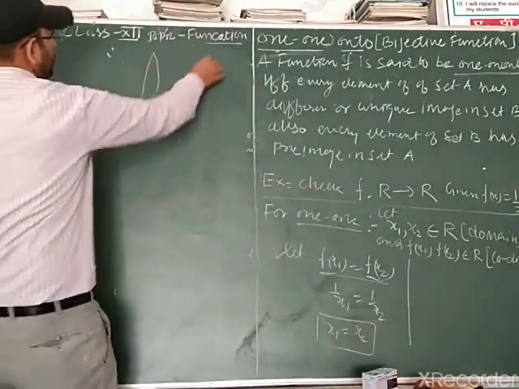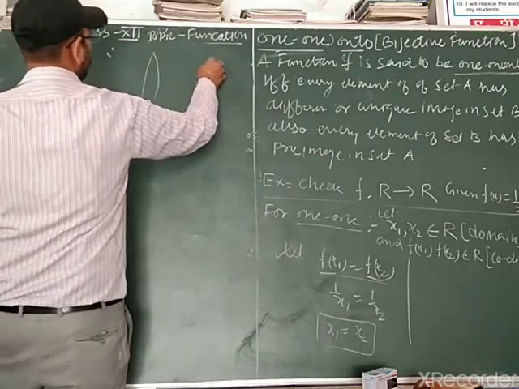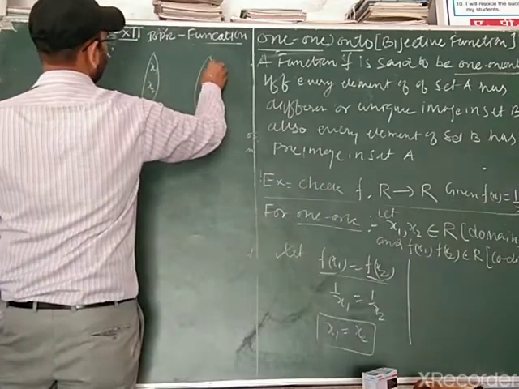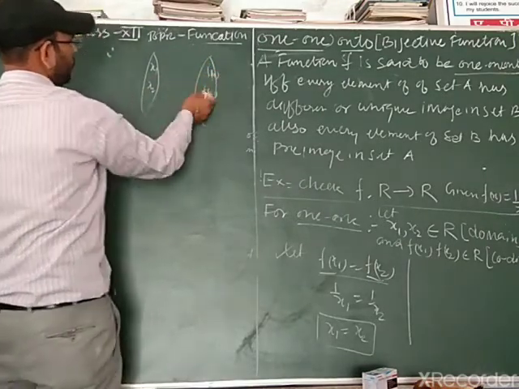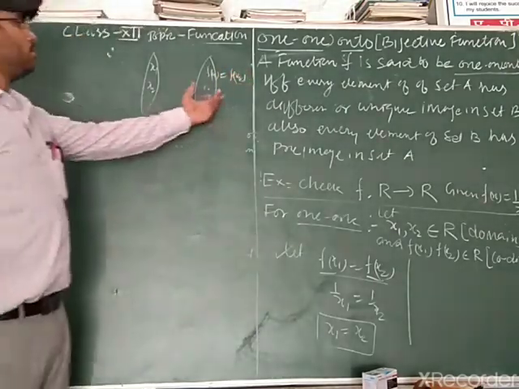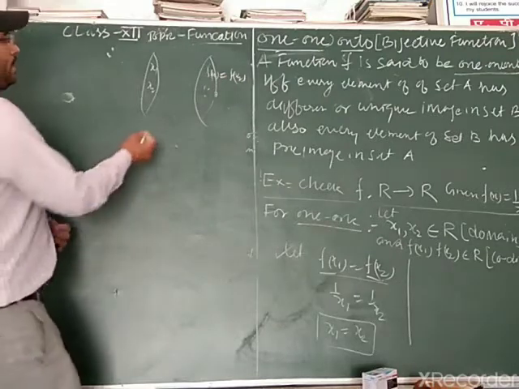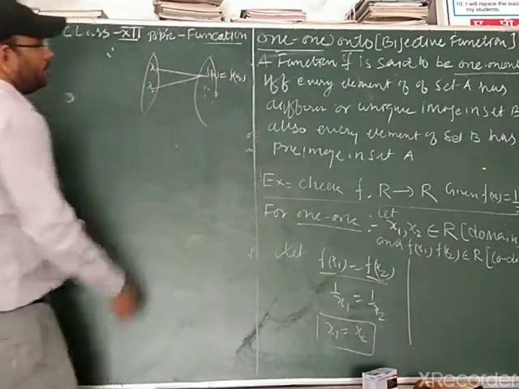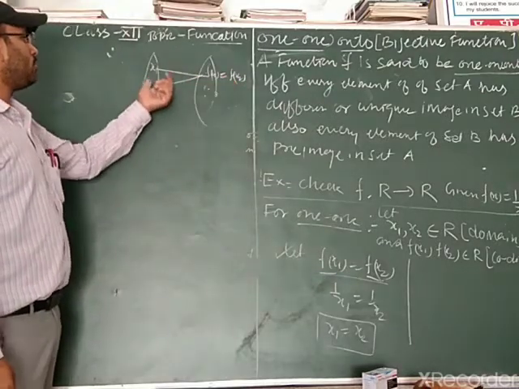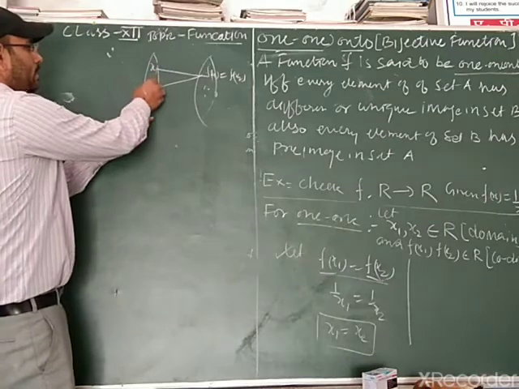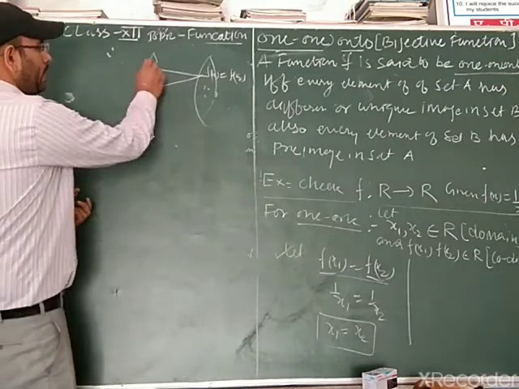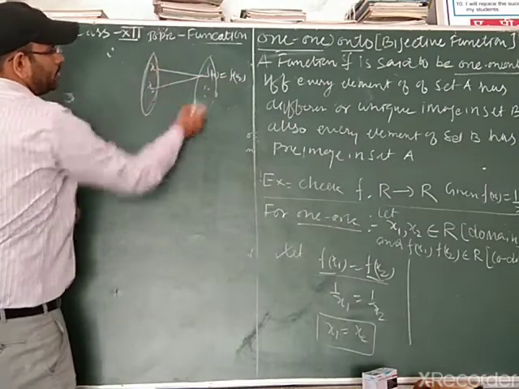As we already discussed, two elements I have selected, x1, x2, and for your clarification I supposed that these are two different elements. Means this function would be many-one. But by the simplification, if I get x1 is equal to x2, it means x1 and x2 are not two different elements. They are a single element. So we get that every element in set A has a unique image in set B.